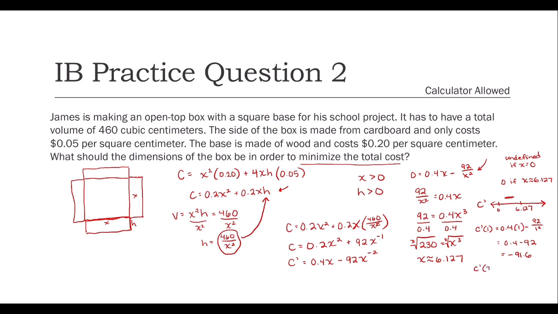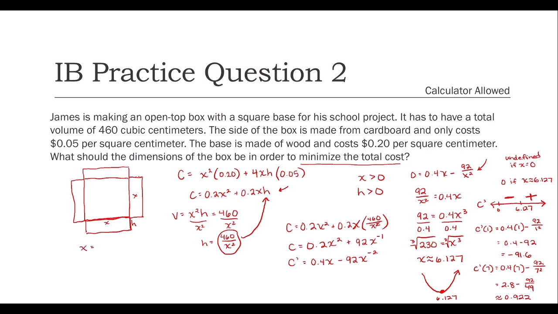So c prime of 7 equals 0.4 times 7 minus 92 over 7 squared, which equals 2.8 minus 92 over 49, which is approximately 0.922. So since that's positive, our derivative would be positive. So our derivative goes down and then up. So we have a minimum at 6.127, which means that our x dimension should be 6.127 centimeters.